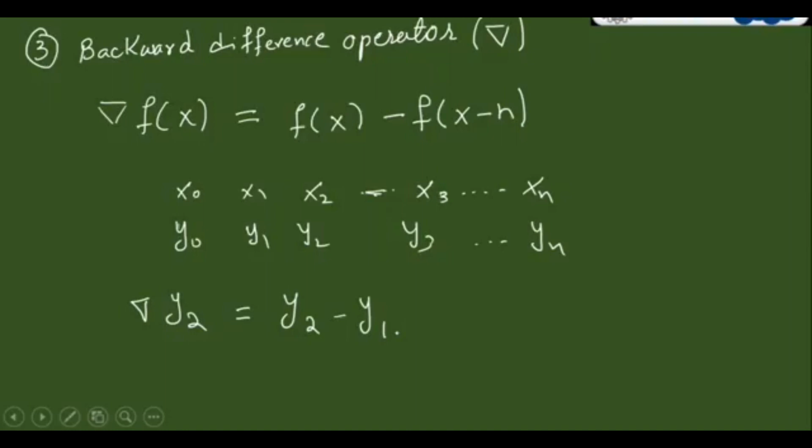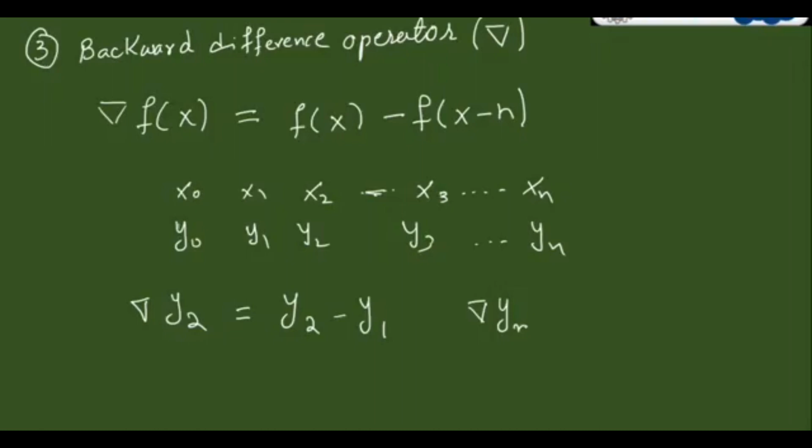But what advantage do we have? We have this advantage. If I apply this operator on the last value, that is yn, I can still compute the backward difference, because for yn I subtract yn minus 1. Now the question is, what is yn minus 1?